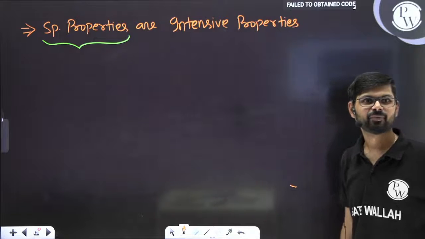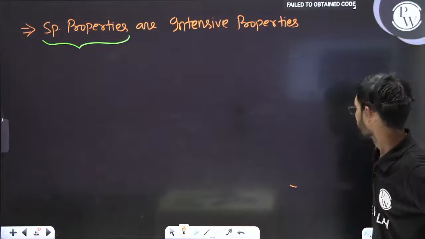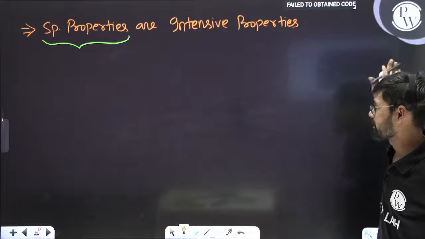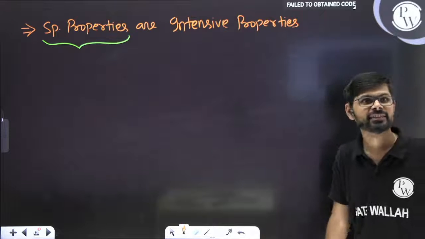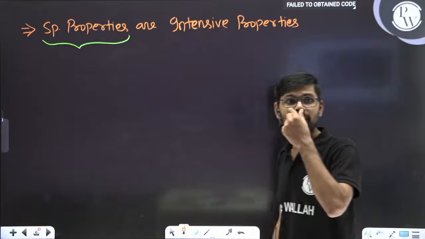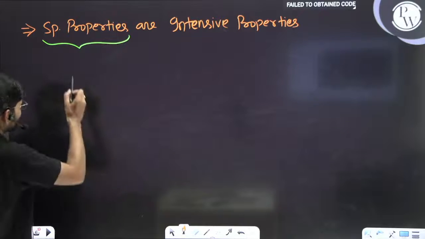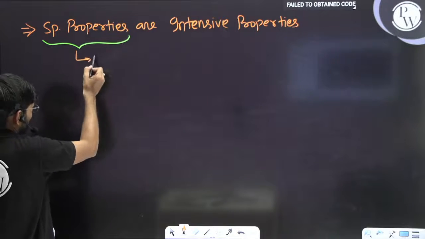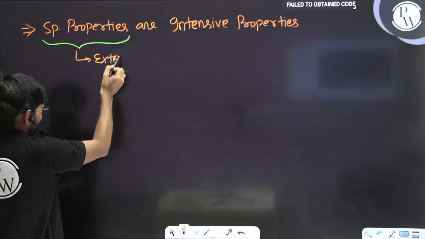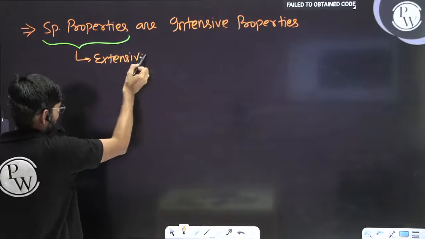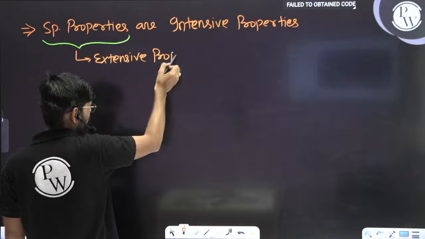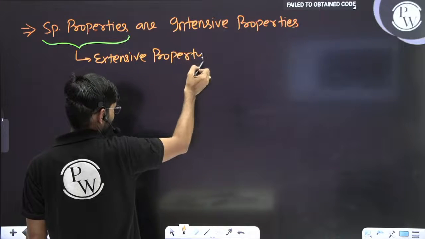Specific properties are always intensive properties, right? Per unit mass. Very good. So per unit mass, but which one? Extensive property per unit mass.